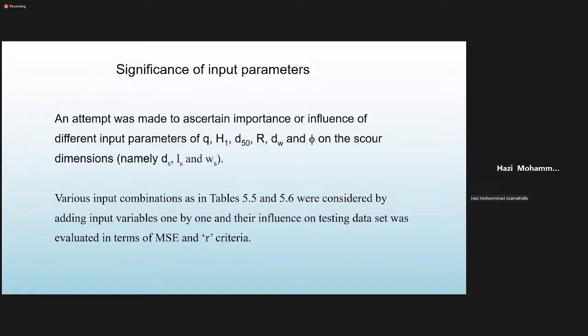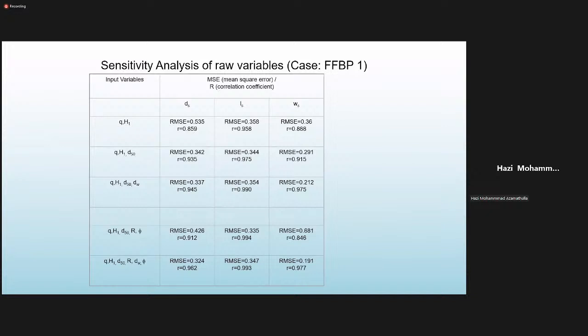Okay, how will it happen? Next table, please. It's called sensitivity analysis. The first time I will take only two, discharge intensity and head, only two first, like Damle and other researchers. Then I added D50 one by one.